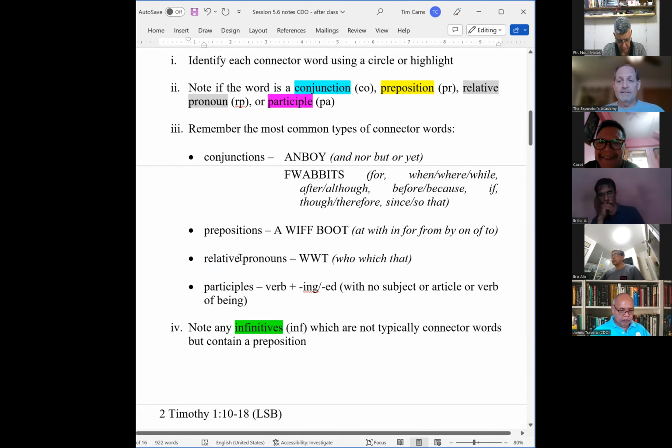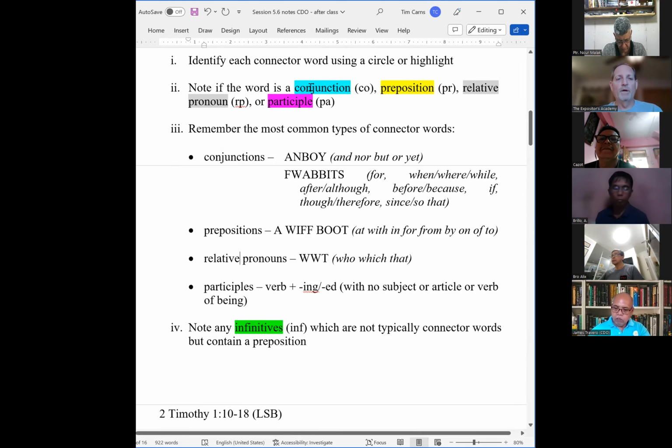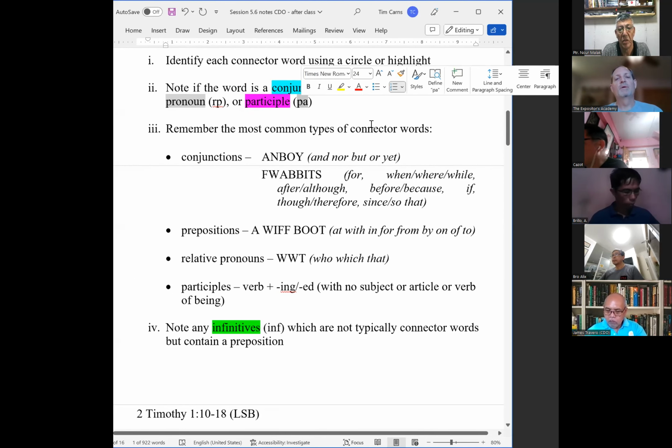How we were doing this last week, and I want to continue this today, is to identify each connector word as to which kind it is: whether it's a conjunction, a preposition, a relative pronoun, or a participle, and doing that in two ways. One, by the color, different colors for each one, and secondly, putting above it a code: CO for conjunction, PR for preposition, RP for relative pronoun, and PA for participle.